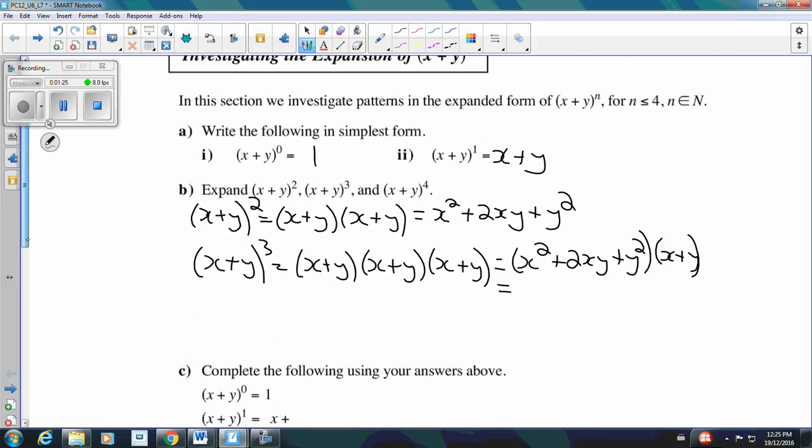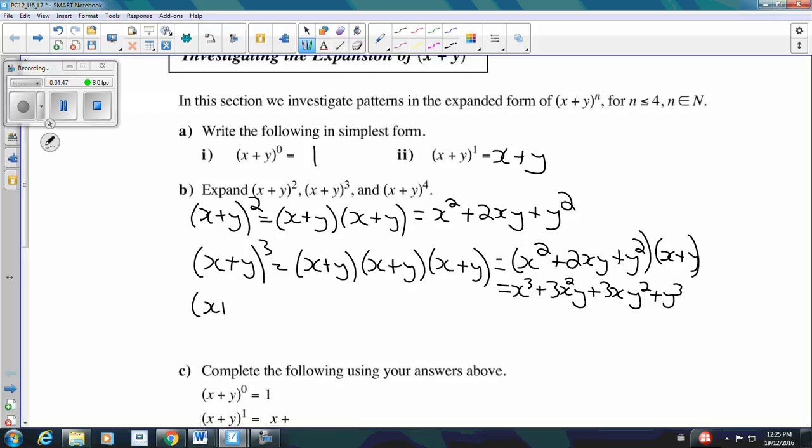If we expand that and collect like terms, we get x cubed plus 3x squared y plus 3xy squared plus y cubed.